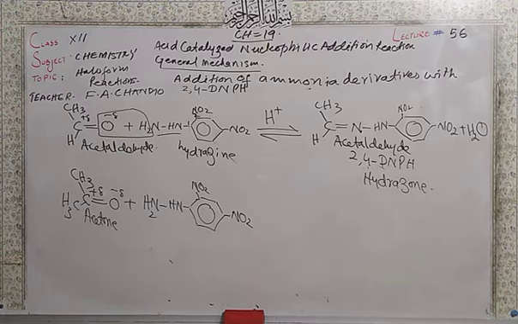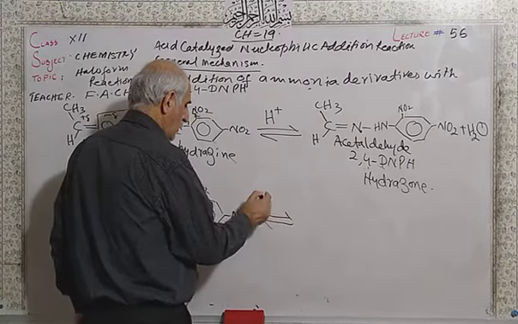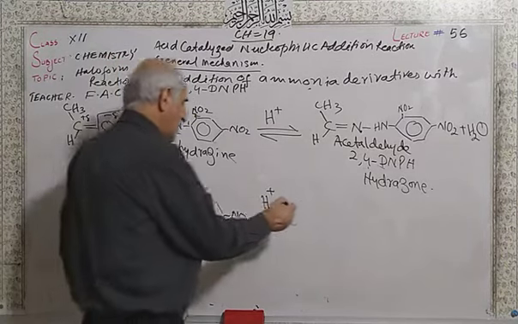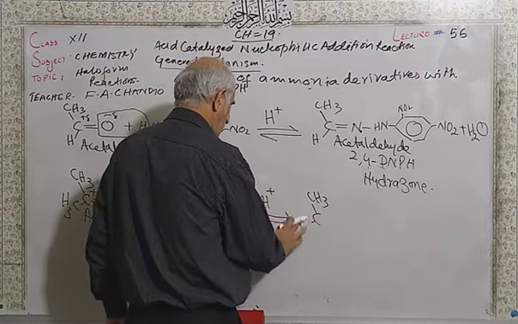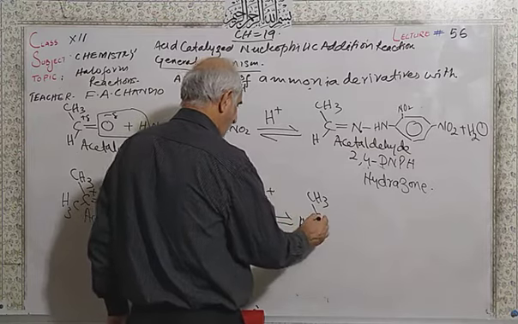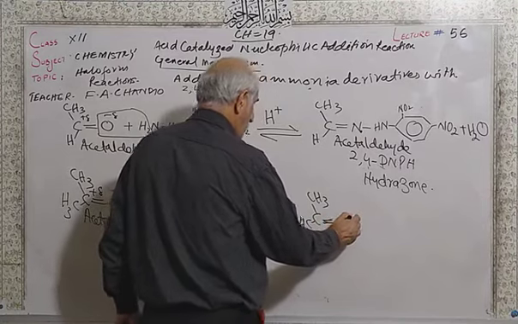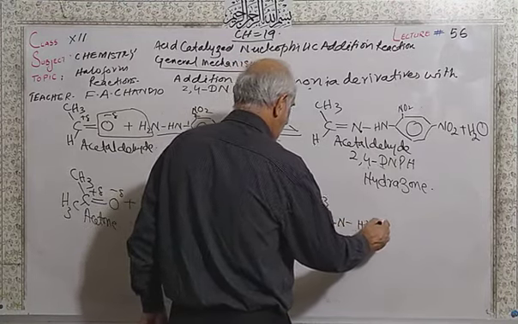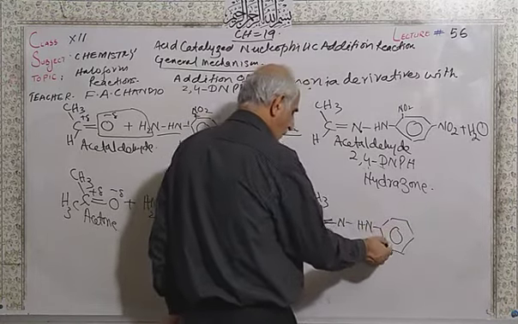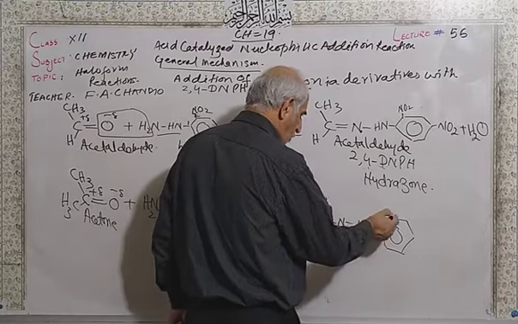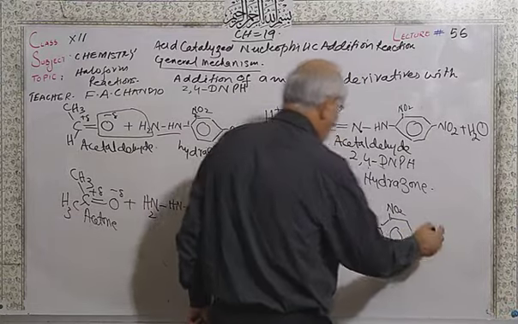This is 2,4-dinitrophenyl hydrazine in presence of acid catalyst, acetone. Now the double bond is created, all same. You can write here 1, 2, 1, 2, it makes no problem. Like this.